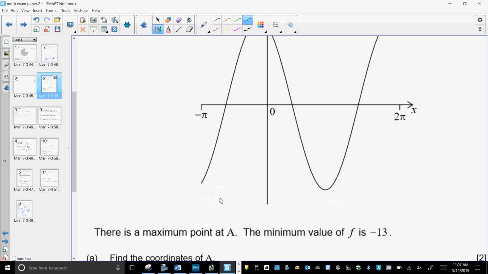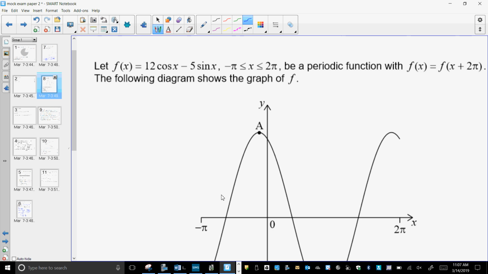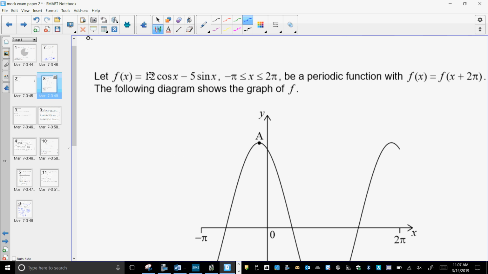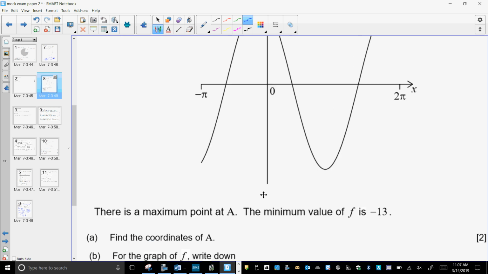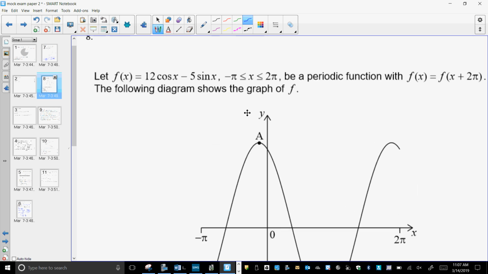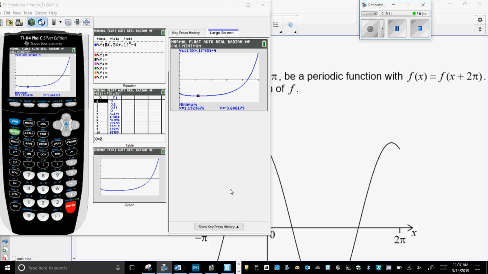Maximum point A. Okay. Oh my gosh. So what do we want to know? The coordinates of A. So I would probably just draw this one as well.